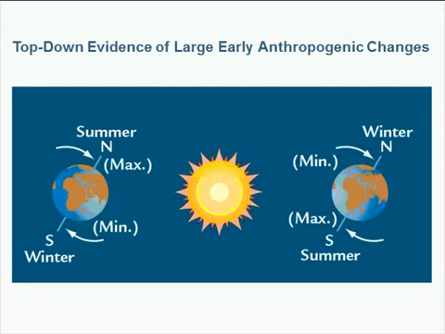The first slide, which is probably up right now, I can't see it by the way, is the title for the first third of the talk on this hypothesis that anthropogenic changes were large prior to the Industrial Revolution. And I call this kind of evidence top-down evidence because it's comparing this interglaciation, the last 10 or 11,000 years, with previous ones.